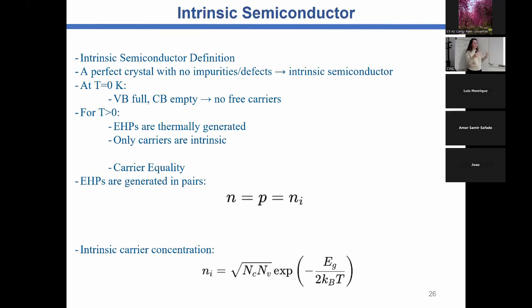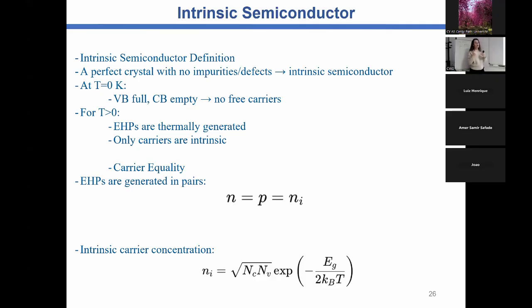The chemical bond can distribute electrons to its neighborhood, and then the valence band will be full and the conduction band will be empty, so we don't have free carriers. To have movement, we must have free charge.